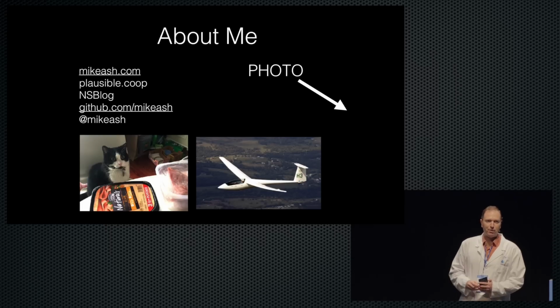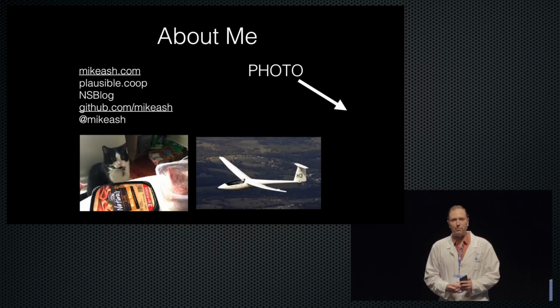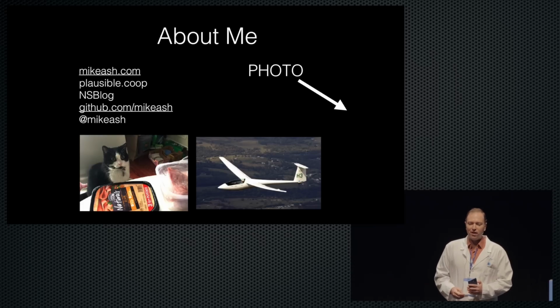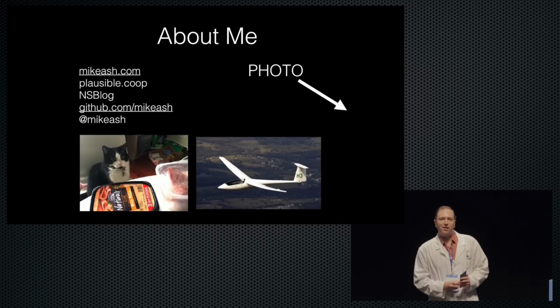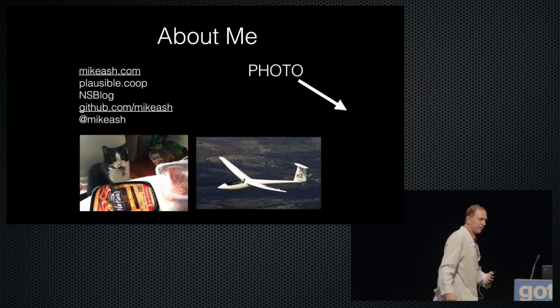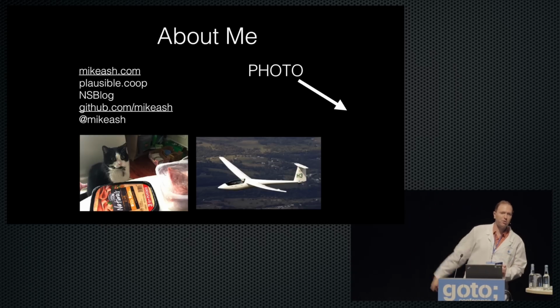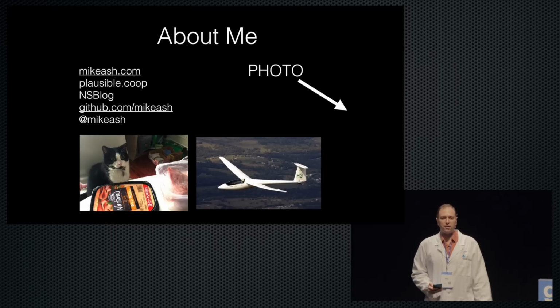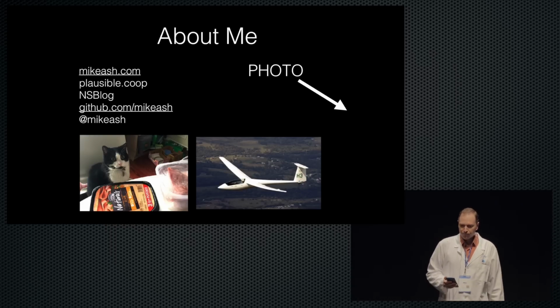There's a picture of my cat because, you know, the internet is all about cats, and we're fundamentally all about the internet these days. I fly gliders, just point of information. It's a lot of fun. And the arrow is kind of pointing over here, so that's me. You know, I always put a photo of myself on these slides, and then afterwards, I'm like, people can just look at me. So I decided I'd stop doing that.